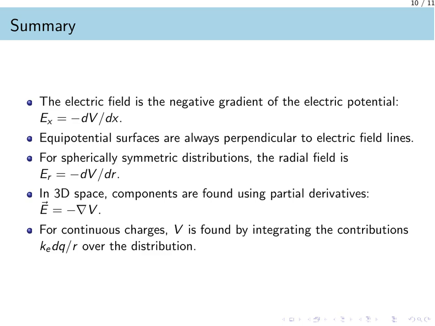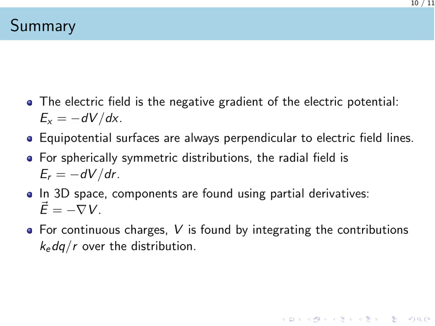To summarize the key points of this section, remember that the electric field is the negative gradient of the electric potential. In one dimension, this is expressed as the negative derivative of potential with respect to position. We have established that equipotential surfaces and electric field lines are always perpendicular to each other.